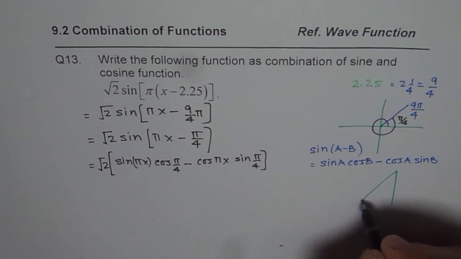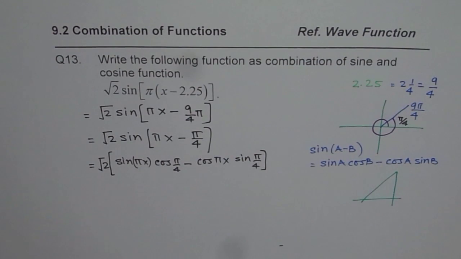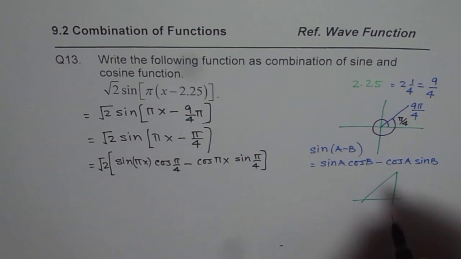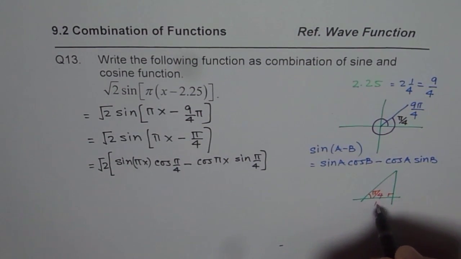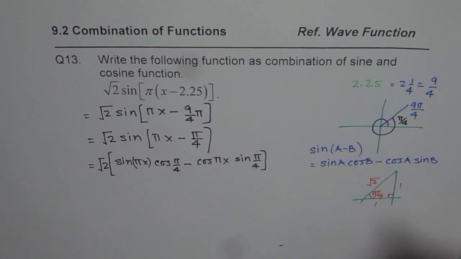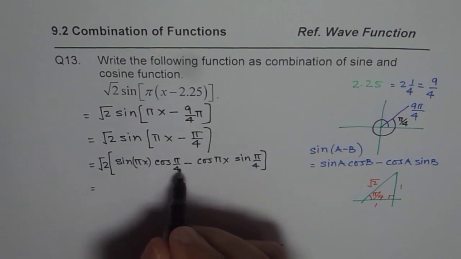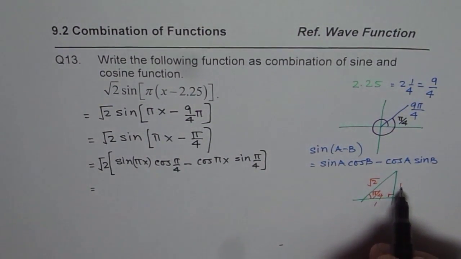Now what is cos pi by 4 and sine pi by 4? For that, you can look into a special triangle, or you can also use your calculator. If I have a right triangle where the angle is pi by 4, then the sides will be 1, 1, square root 2. So from there, we know cos pi by 4 and sine pi by 4 are 1 over square root 2.